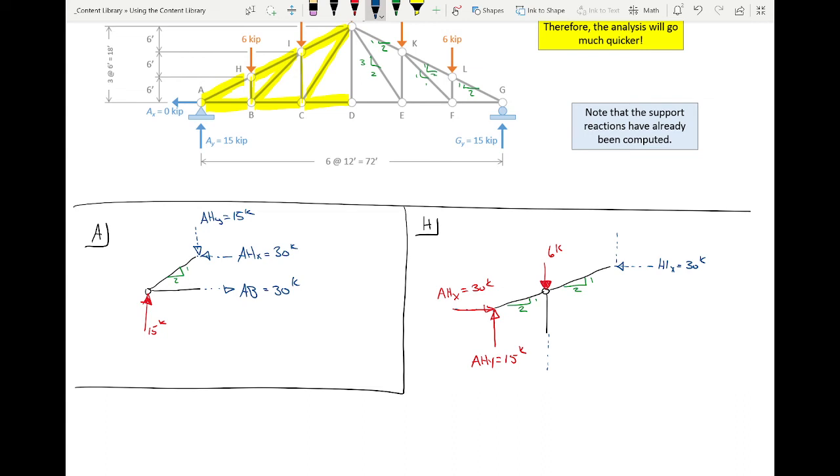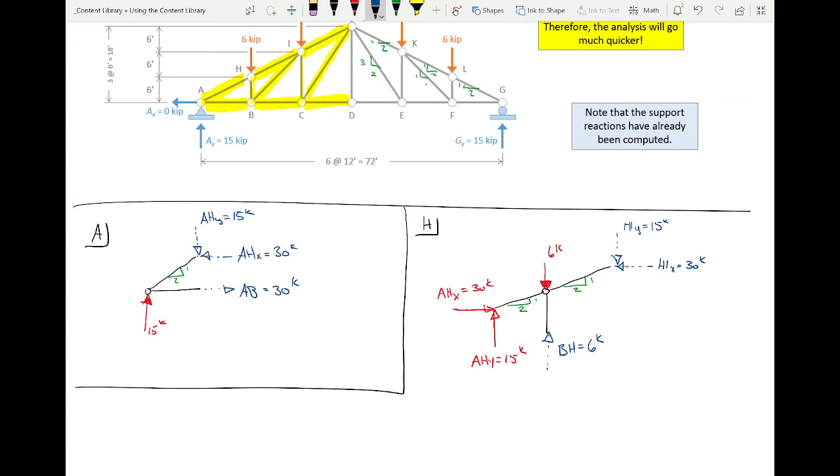So if that's 30, what's this? In what direction? Okay. So what's going on with this? 6, and it's 6 doing what? That was pretty easy, wasn't it?